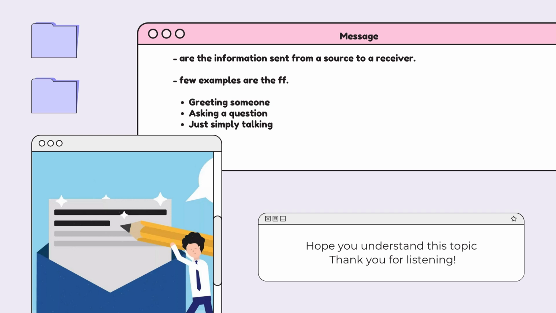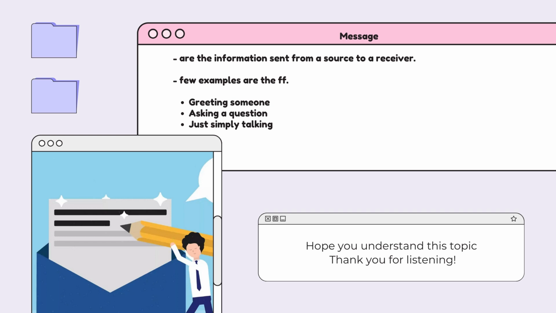So asking a question, the message that you sent to the receiver was the question that you've asked. For example, you asked what direction is the shortest route, or for example like that. So the question is the message, and on talking with each other, the topic that you're discussing, or the message that you are sending or receiving, or the information are the message.